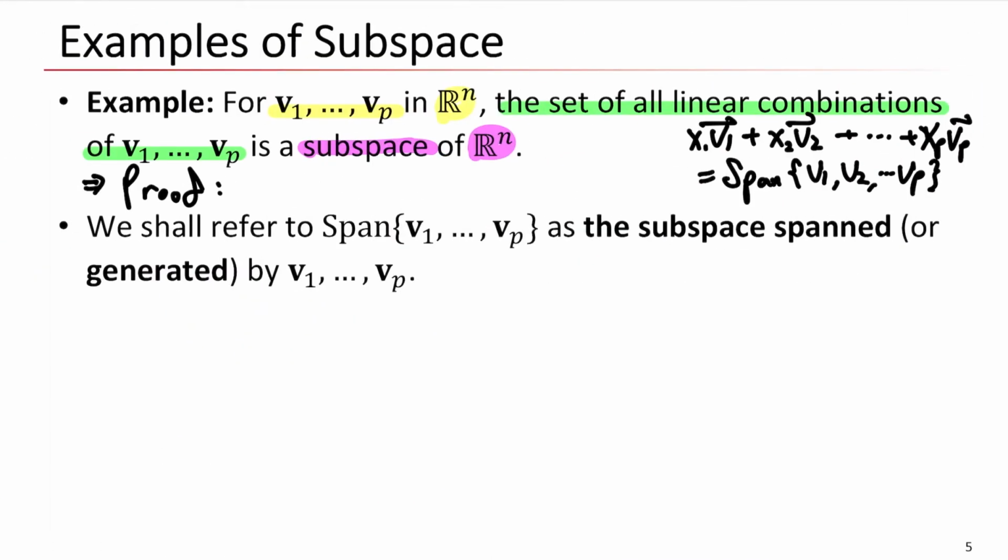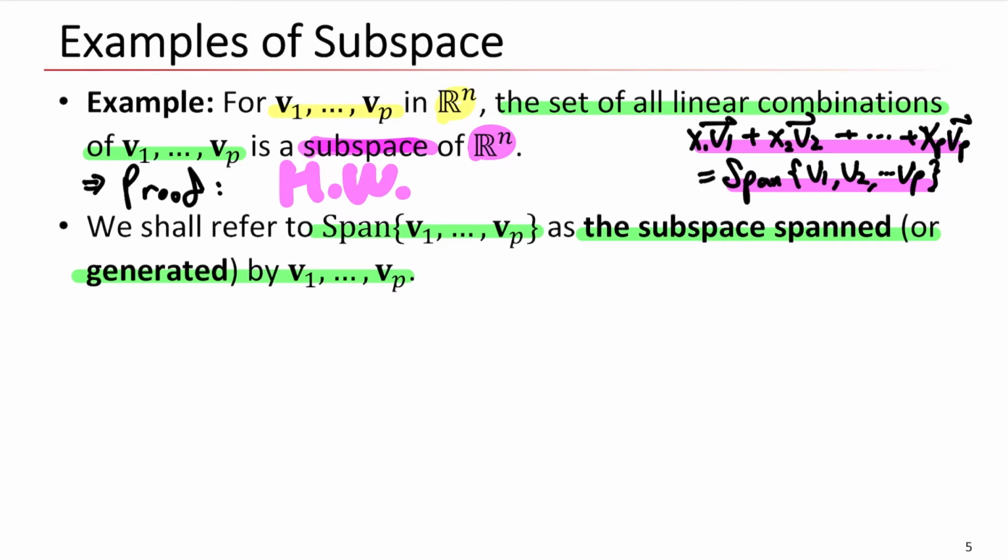So please do it yourself. Anyway, the span, or linear combination, is a subspace. By the way, from now on, the span of v1 through vp can be called the subspace spanned or generated by v1 through vp.